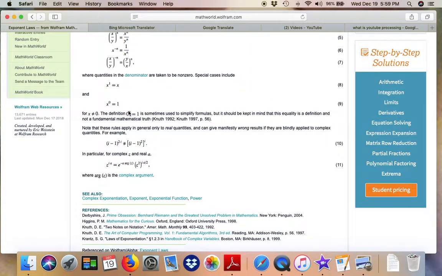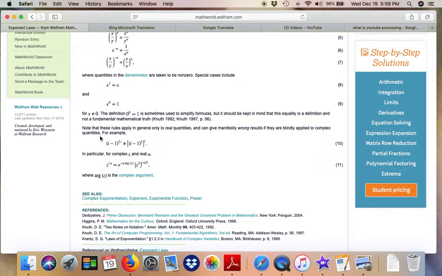So 0 to the 0th power equals 1. Note that these rules apply in general only to real quantities and can give manifestly wrong results if they are blindly applied to complex quantities.